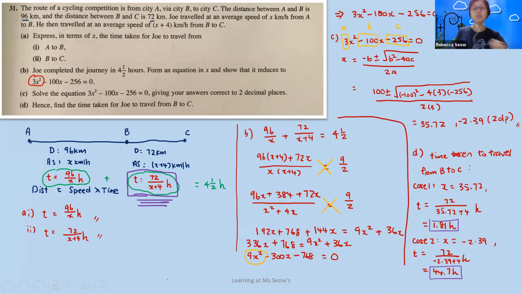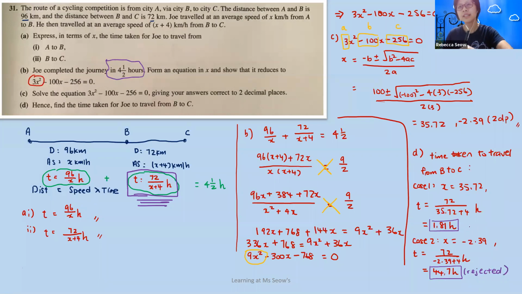We refer back to facts given in the question. Now, if you were to look at the question, it is actually stated that the entire journey was completed in 4.5 hours. So no way it could be 44.7 hours, to travel between B and C. So therefore, this answer is rejected.